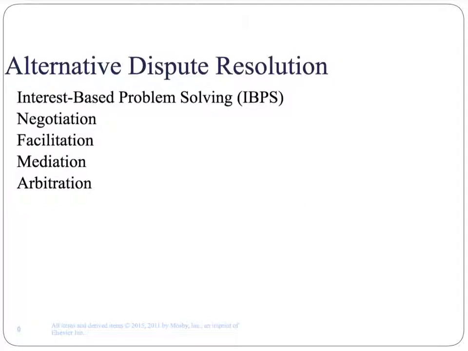A mediator does not resolve the charge or impose a decision on the parties. Instead, the mediator is going to help the parties agree on a mutually acceptable resolution. It is a confidential process limited to only those individuals involved.